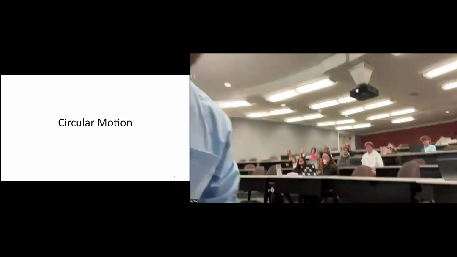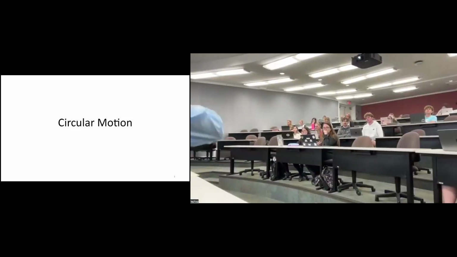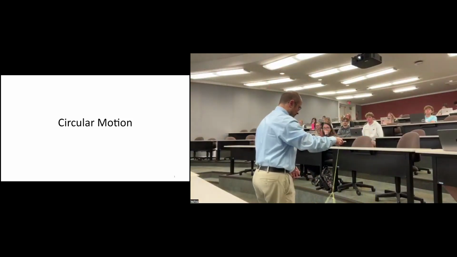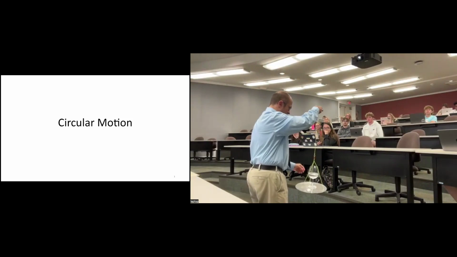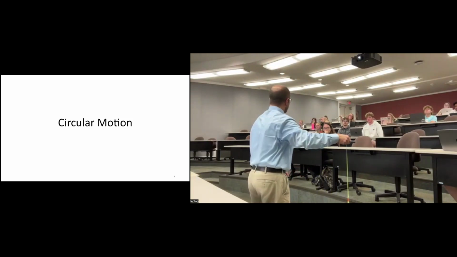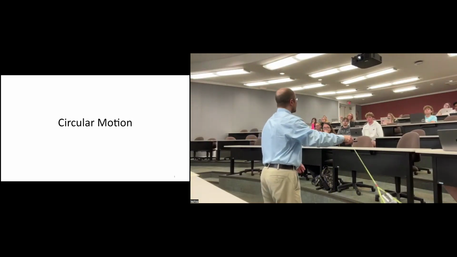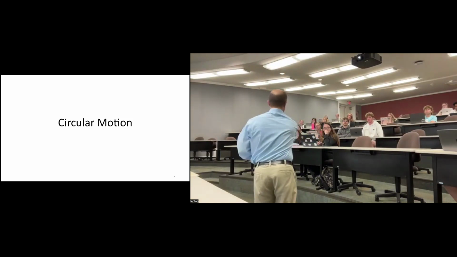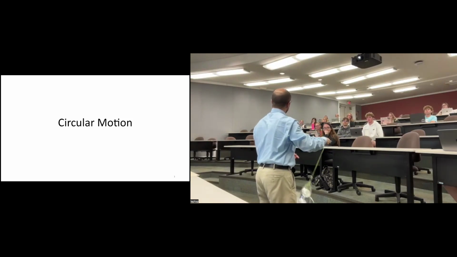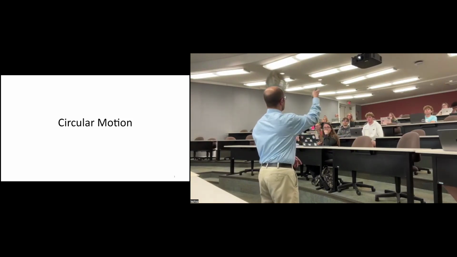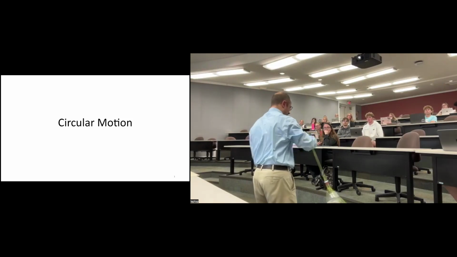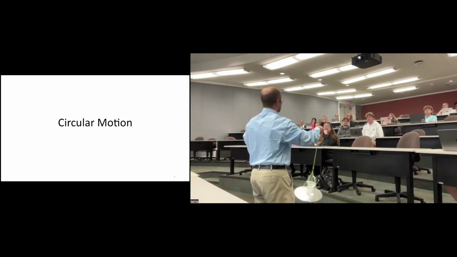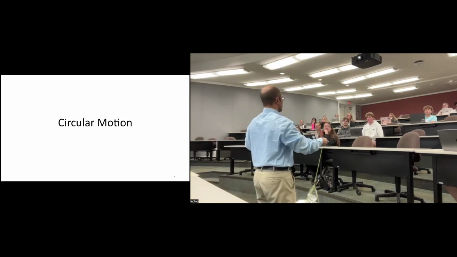Today what we want to look at, I don't know if I'm going to do it right. I didn't do this right in the last lecture. I don't know if it's because the string is twisted, but we'll blame it on that. The idea is we want to do circles this way now, and look at the forces involved going in circles. That's what happened last time with the cup: when I went to stop it, the cup said, no, I have inertia, I'm going to keep going.